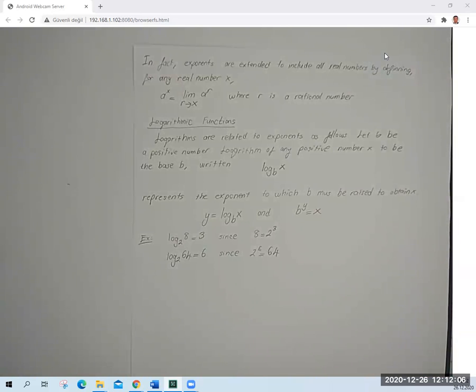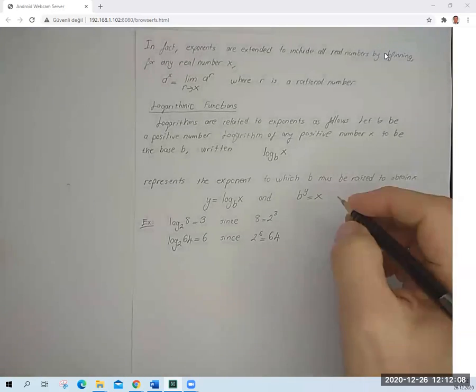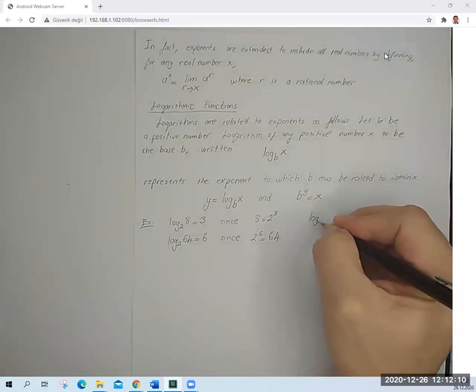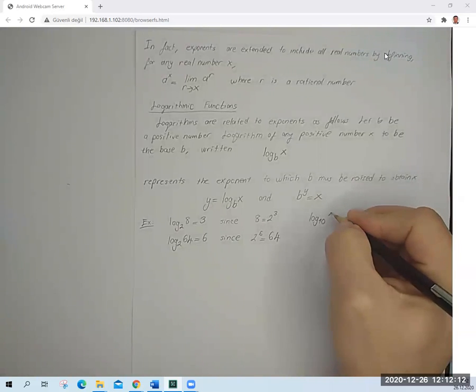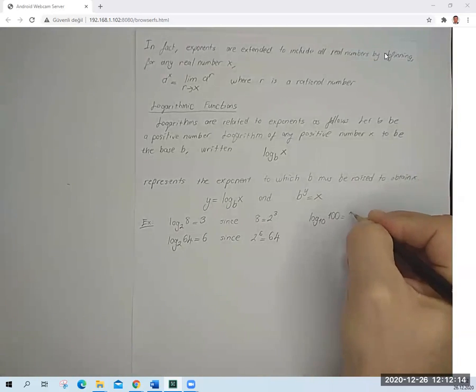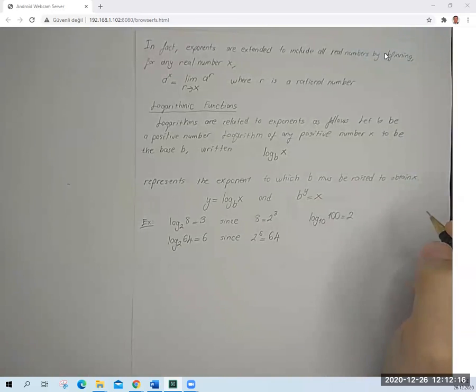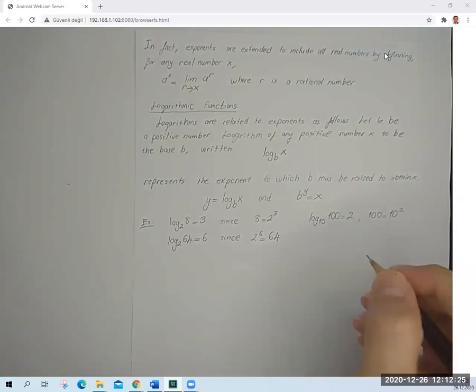And the logarithmic function with base 10 of 100 is equal to 2, as you see, and 100 is equal to 10 to the power 2.